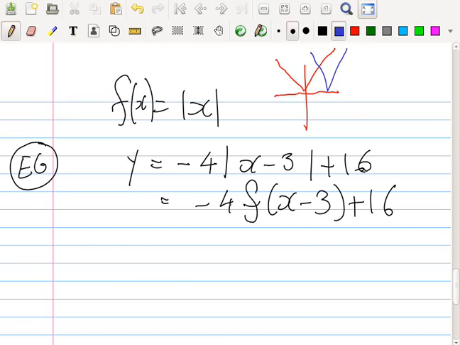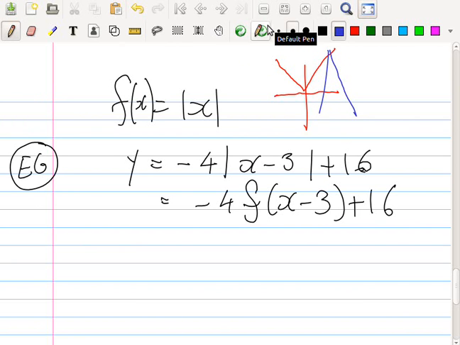It's 4 units vertical bigger, so that gets pulled up 4 units, so that'd be like this. And then the minus here flips it upside down, and then the plus 16 increases it by 16.